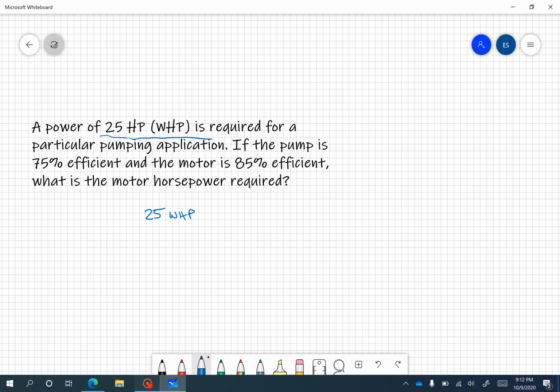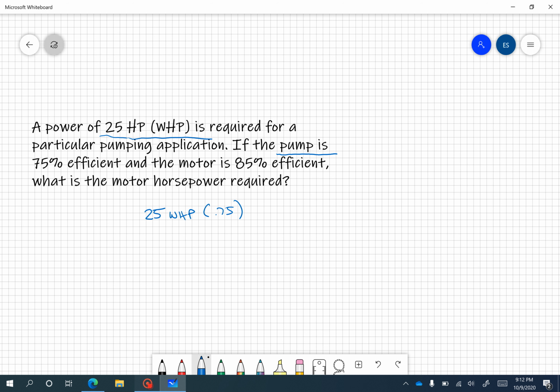And so now the question that probably is going to be popping into your mind is, I know I have to do something with the percent efficiency, but what do I need to do? Do I need to multiply? Or do I need to divide? So we're going to start with the brake horsepower, which is right here.